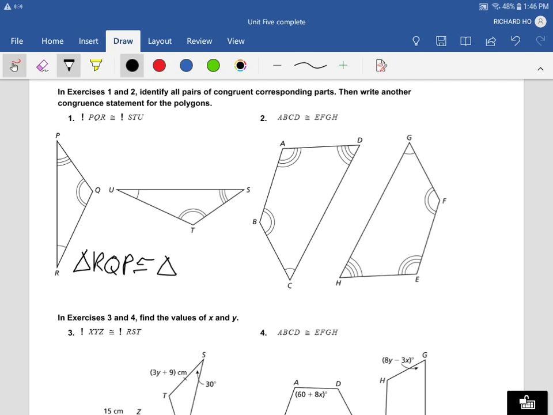So for this one, it's U. Q matches T, and then S here. So you're just rearranging them. Over here, if you do D, B, C, A, if you switch that up, it's just going to be H, F, G, E. So DBCA just switches to HFGE.